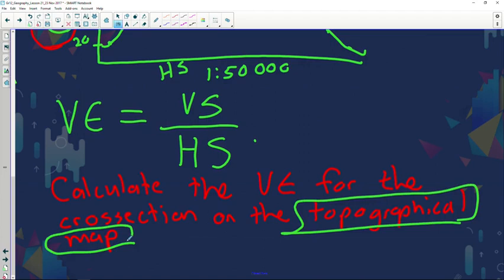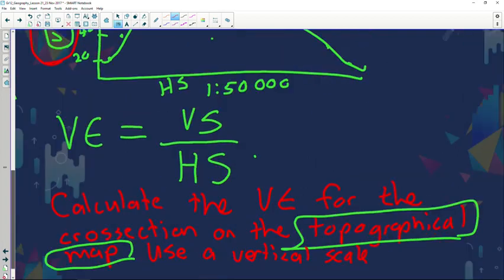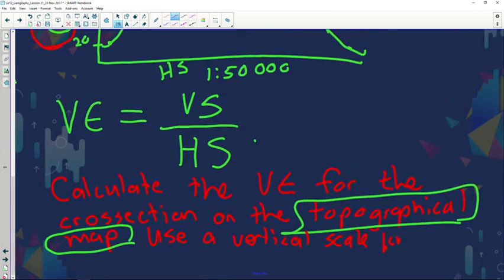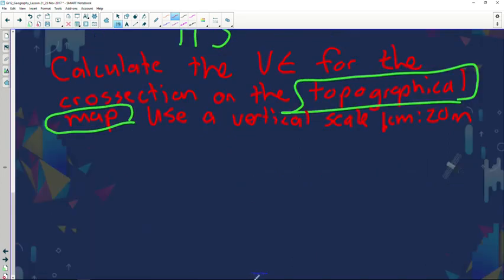Now, like I've mentioned, the examiner will tell you the following. Use a vertical scale, just going to use this one over here, 1 centimeter represents 20 meters. Okay, so that's what your question is going to look like.